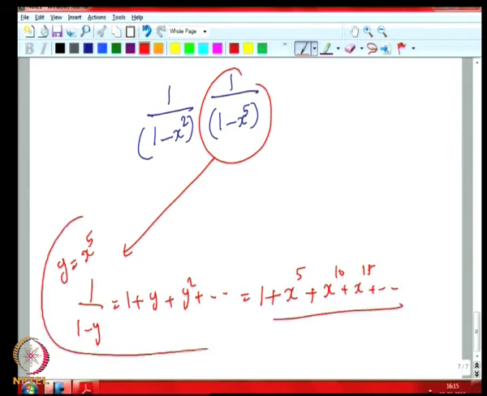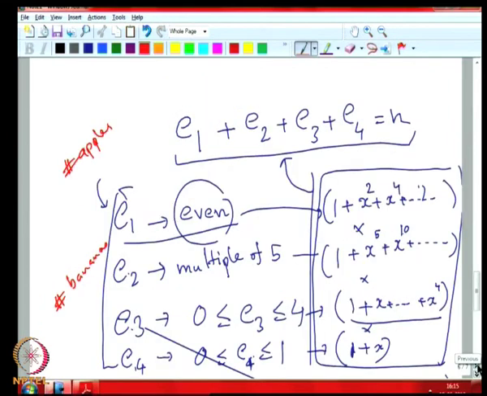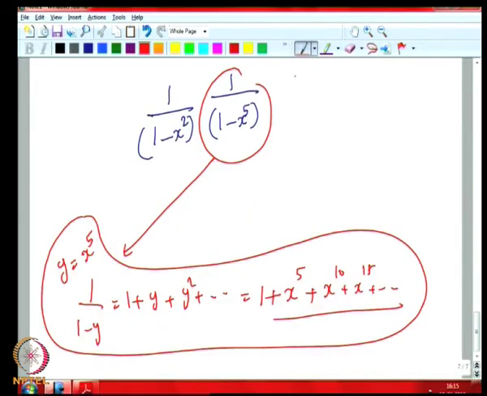Therefore this should make it clear that this 1 by 1 minus x raised to 5 corresponds to this sequence, right. And this third term is easy to find, because we already know that it is 1 minus x raised to 5 by 1 minus x, and this fourth term is just 1 plus x. There is no need to simplify it, right.